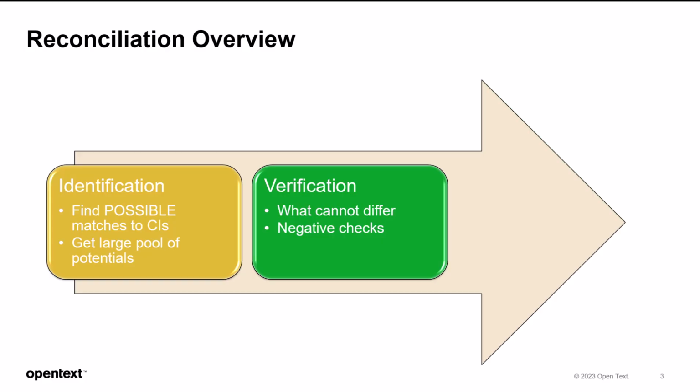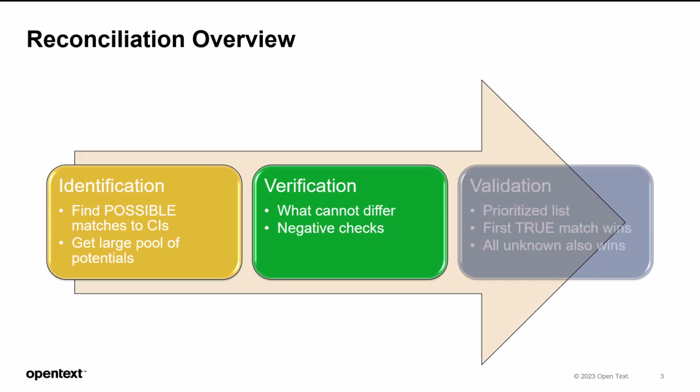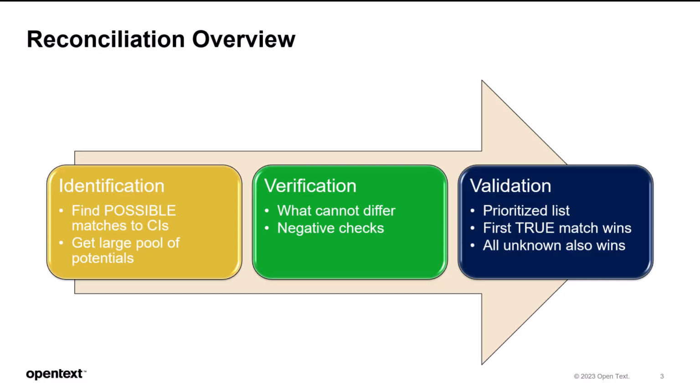We are only concerned with false results. And if something is false in verification, then it will not merge with the other CI that we're trying to merge it with.